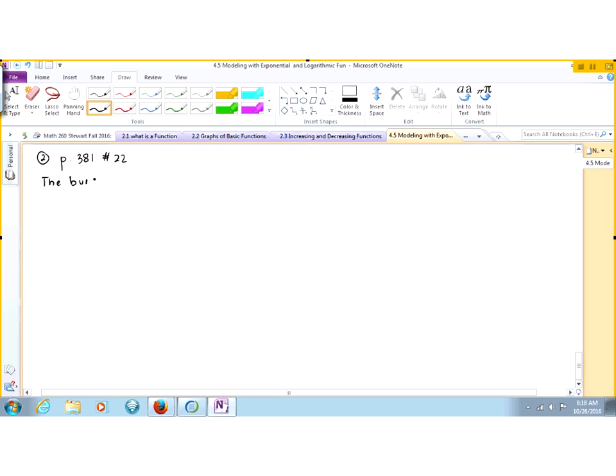Okay. So the burial cloth of an Egyptian mummy is estimated to contain 59% of the carbon-14.